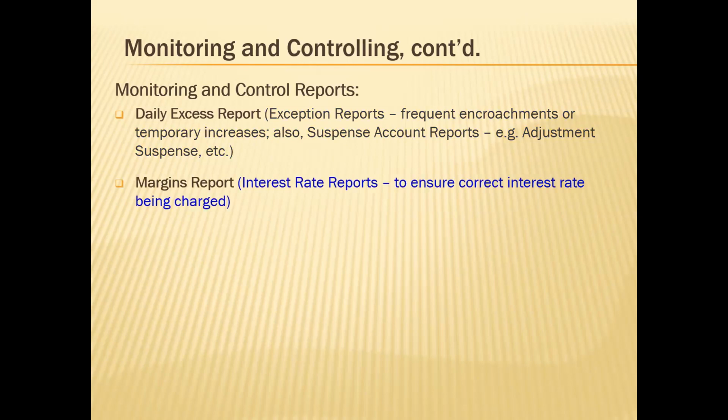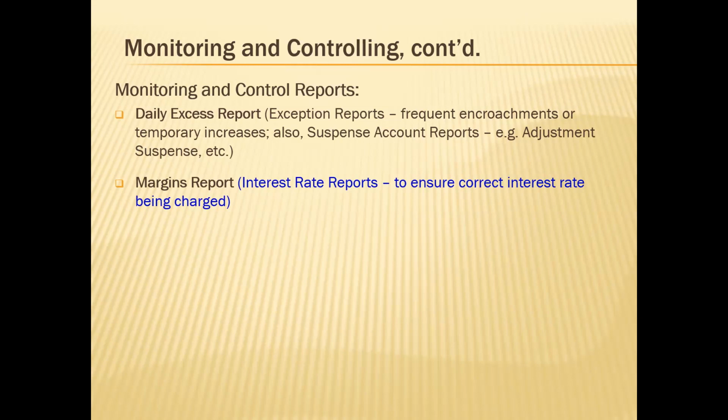Okay, so you're looking at your margins report or interest rate reports. Because you want to look at those, because when a loan is booked, the next day you want to make sure that the correct interest rate has been charged on that particular facility.